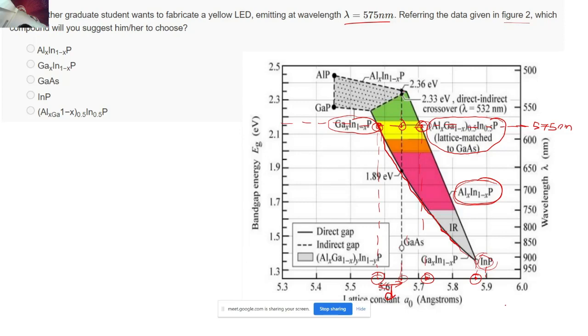So this line corresponds to that. Now why does this line correspond? Because we started moving from aluminium phosphide, we came to this dotted line where 2.36 eV was written, and from there we started dropping down, and from there we moved to just gallium indium phosphide, so the aluminium became 0 actually, right?